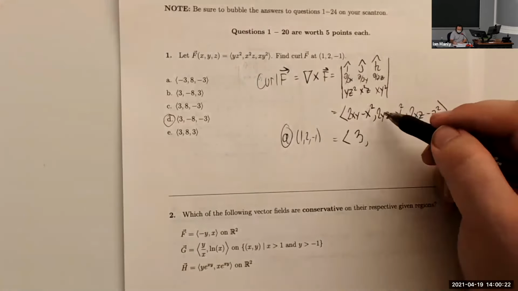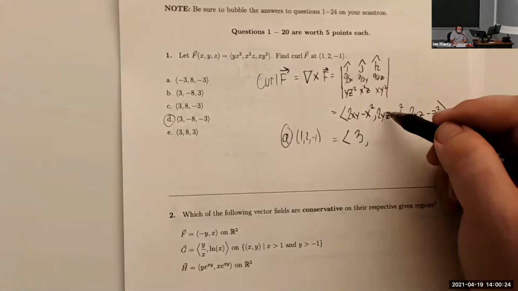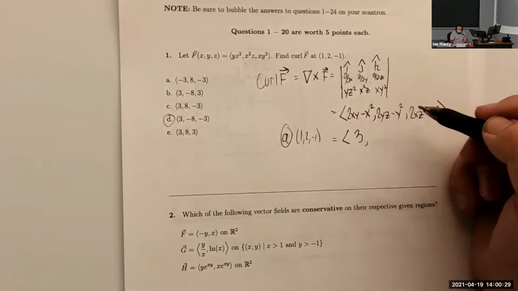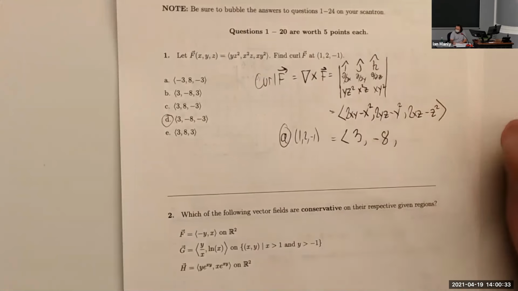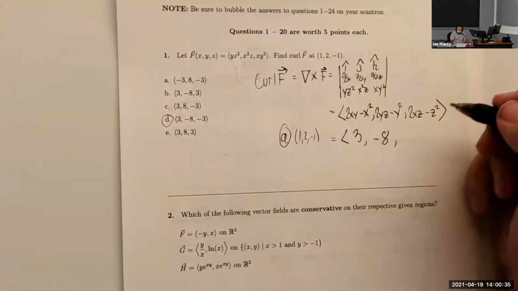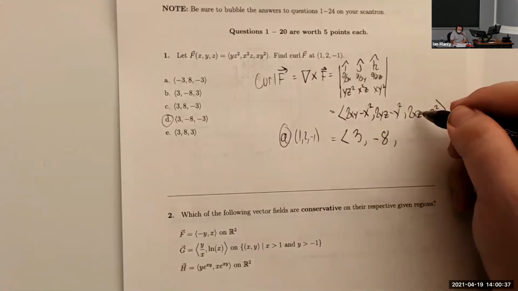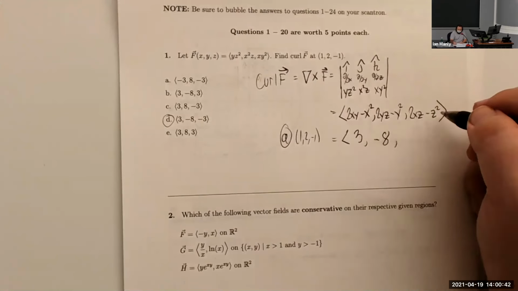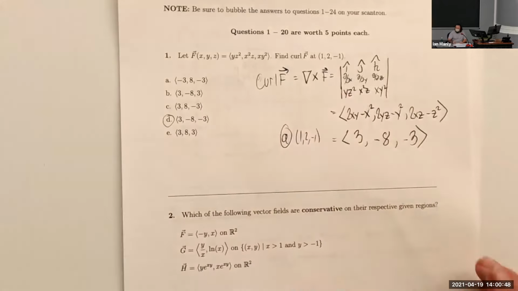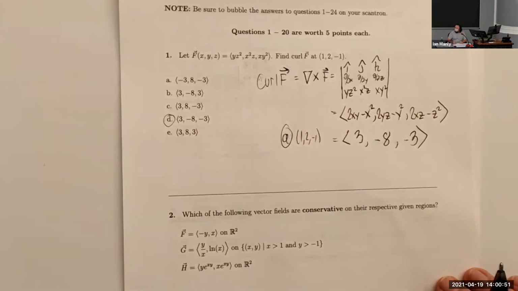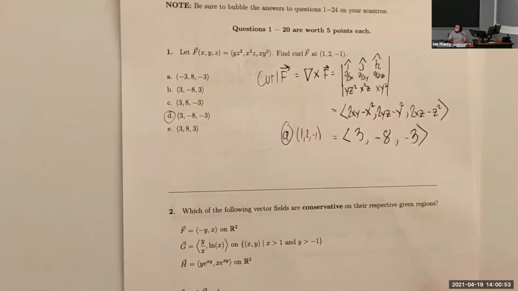We have 2yz, so it's going to be -4, and then we subtract y squared, which is another 4. So we have -8. And then finally, we have 2xz, which is -2, minus z squared, which is subtracting another 1. We end up having -3 here. So D ends up being our answer for this one right here.